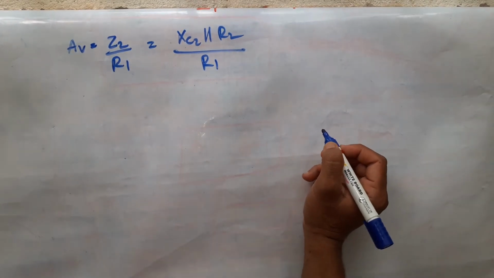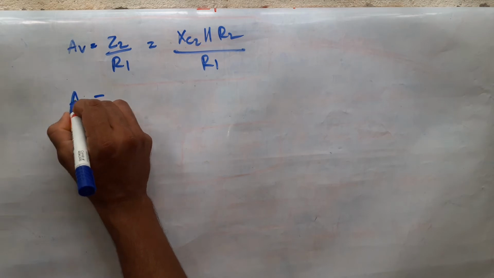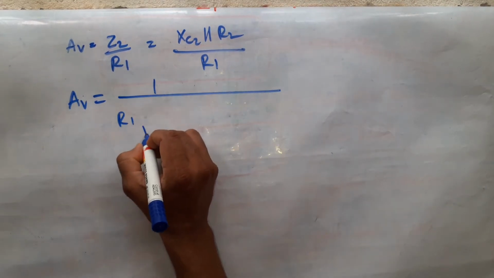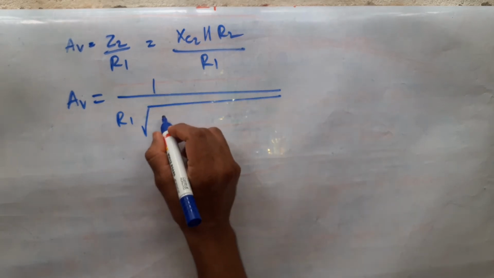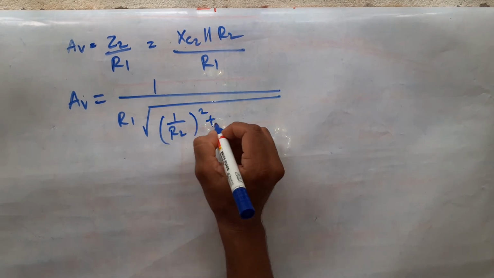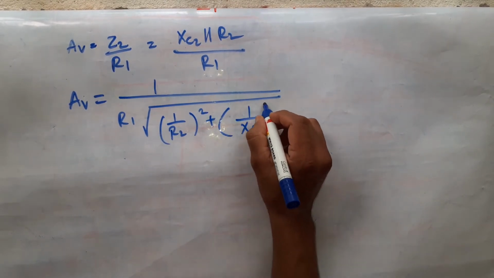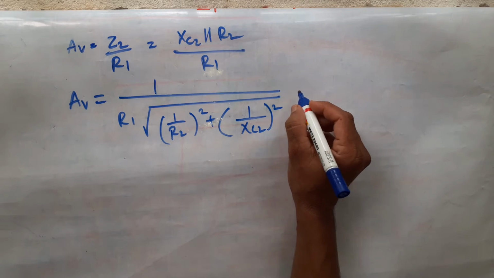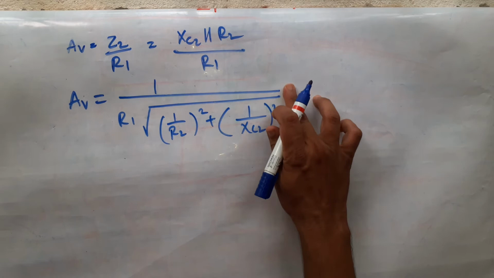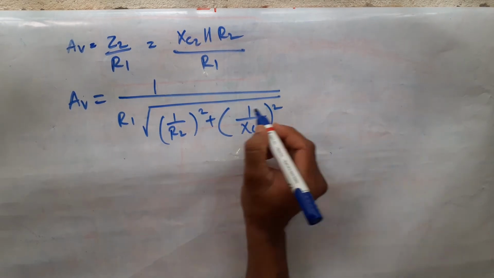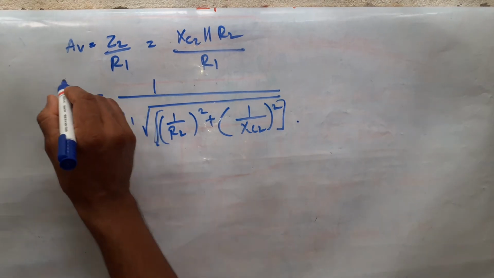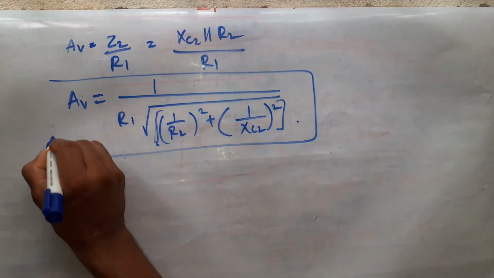To show this in parallel, you can write this: one by R2 square plus 1 over XC2.